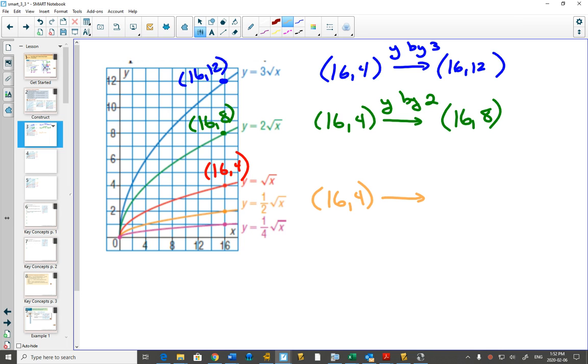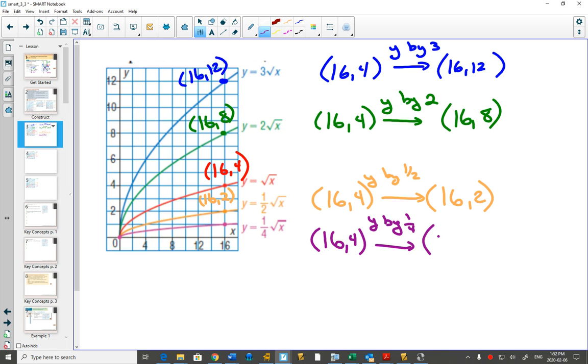What happens to it? We're going to multiply our y values by half, 16 comma 2. And finally, on the purple one, that 1/4 means we're going to multiply our y values by 1/4, giving us 16 comma 1.